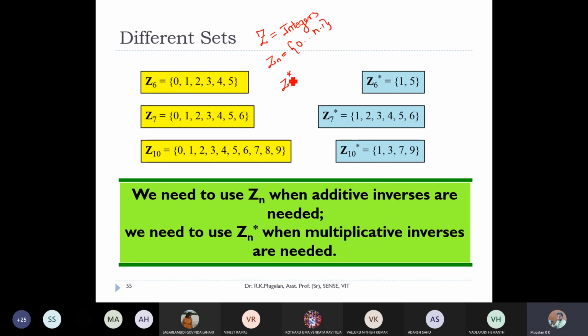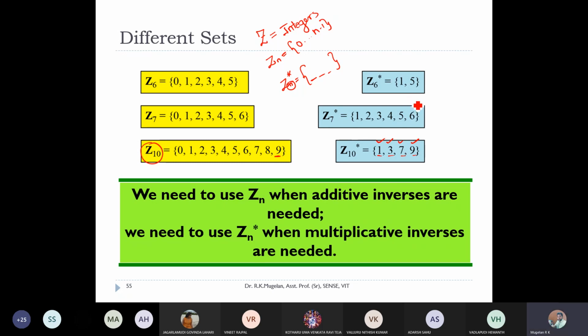We call it Zn star. It will have only those elements which have multiplicative inverses for this particular value of n. For example, Z10 has the elements 0 to n minus 1, that is up to 9, whereas Z10 star will have only the elements 1, 3, 7, and 9, because only these elements have their multiplicative inverses existing.